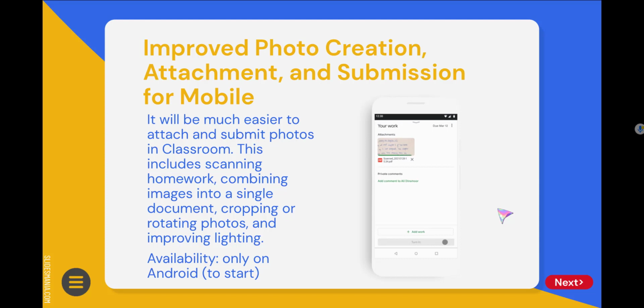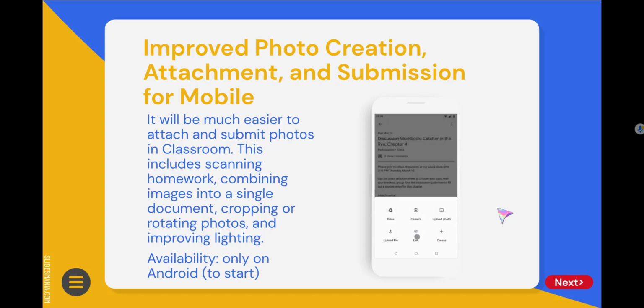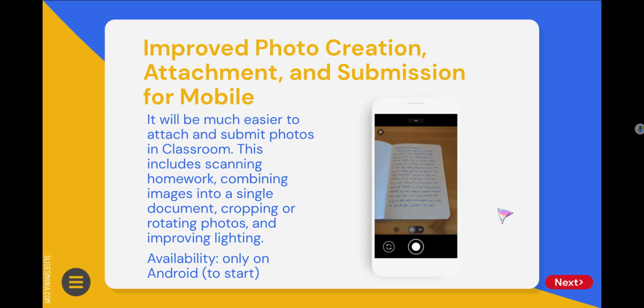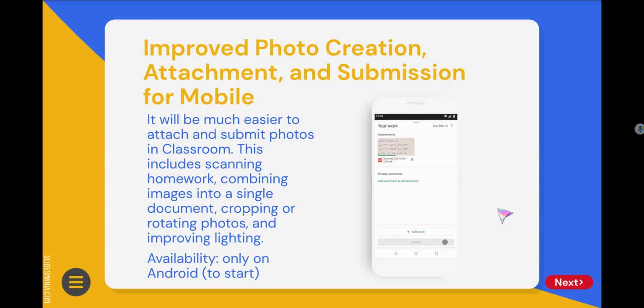For anyone that is using their mobile device to upload their work, it's going to be a lot easier to do so. A lot of complaints have been when teachers have been having to take a look at photo submissions and it's just not been clear. Well, what they're doing is they're going to update that camera to become more of a scanner. So it's going to scan the page. It will orient it so that it is actually taking up the full screen.